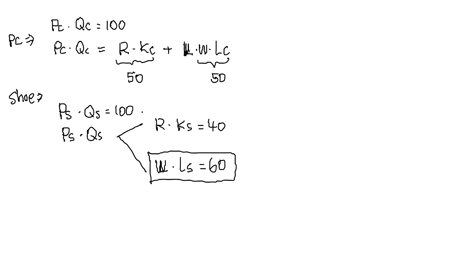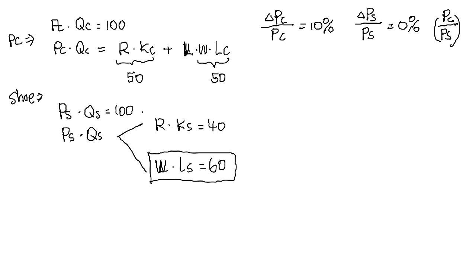So if we assume that after the trade, the price of the computer increased by 10%, while the price of the shoes remained the same. So what does this mean? This means the relative price of the computer over the shoes increased after the trade, right?